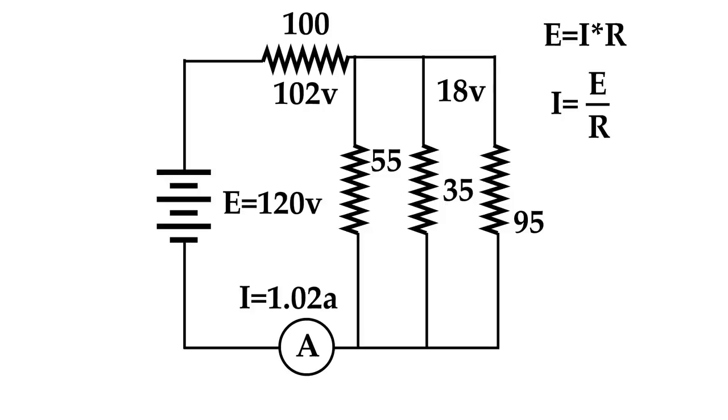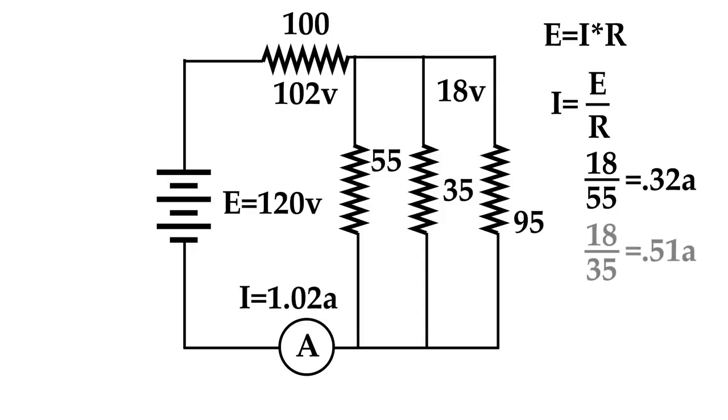Using the second equation, I equals E over R, we can now figure the current through each of those resistors. In the 55 ohm resistor, we have 0.32 amps. Through the 35 ohm resistor, we have 0.51 amps. And through the 95 ohm resistor, we have 0.19 amps.